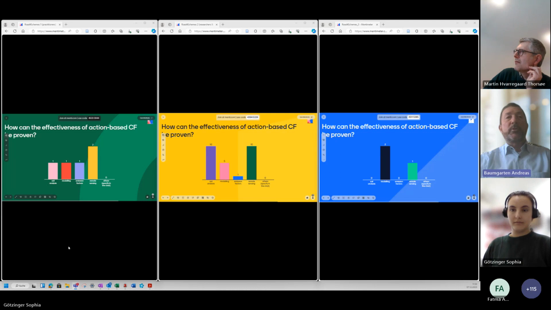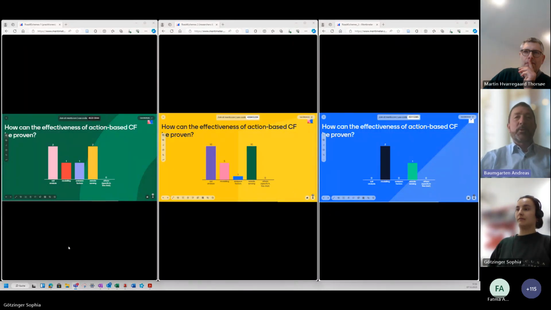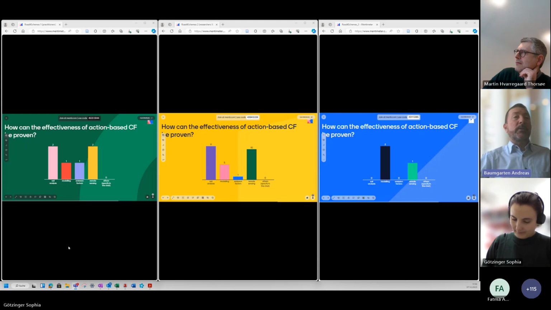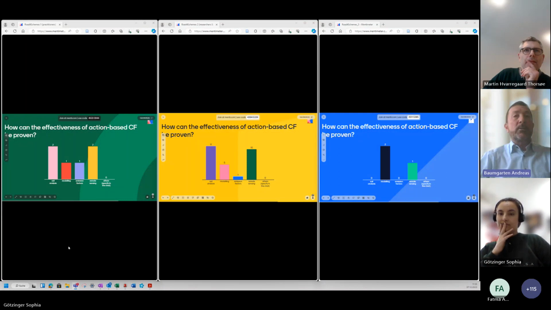Unfortunately, well, the number of votes is increasing. That's positive. For the practitioners and the researchers, we have a rather similar picture. We can see that soil analysis and remote sensing are favored.